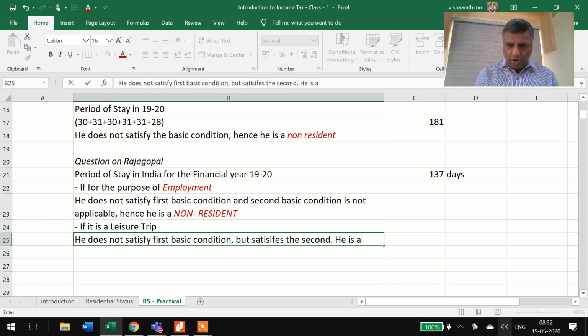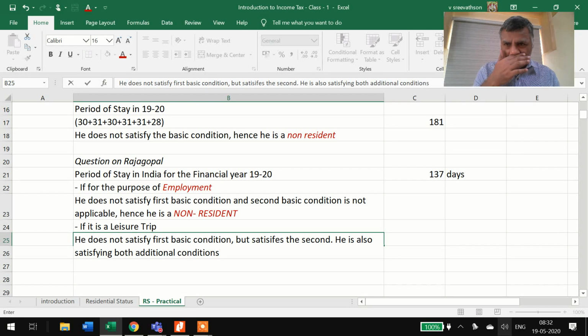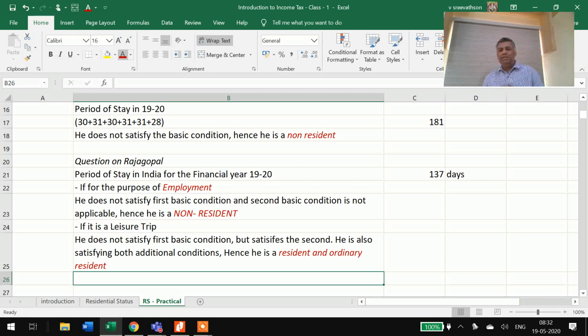He is also satisfying both additional conditions, because from birth he is only in India. Hence he is a resident and ordinary resident. Hence he is a ROR, resident and ordinary resident.